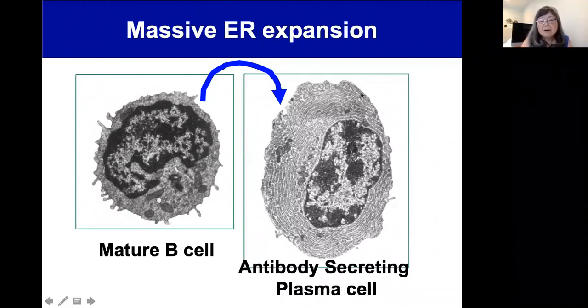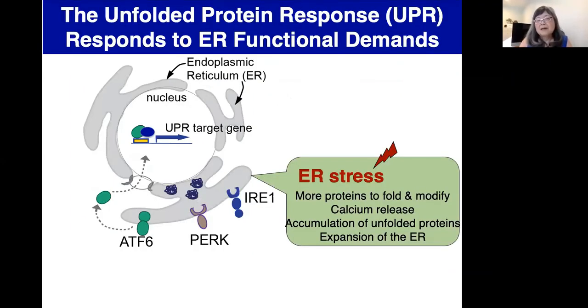This whole area of membrane is all ER, and in anticipation of secreting huge amounts of antibodies, somehow the cell knows to expand the ER in order to keep up with the demand of secreting massive amounts of antibodies, or immunoglobulin chains. And now we know that a major part of this is mediated by the unfolded protein response pathway.